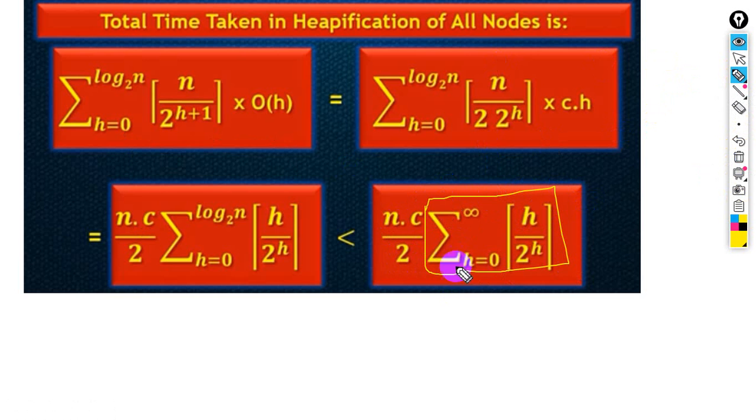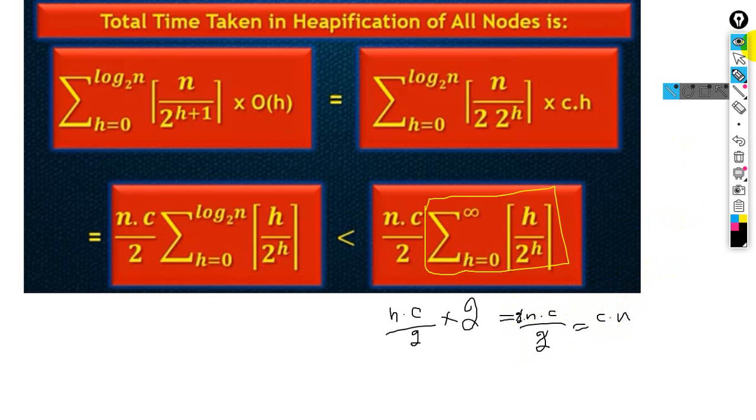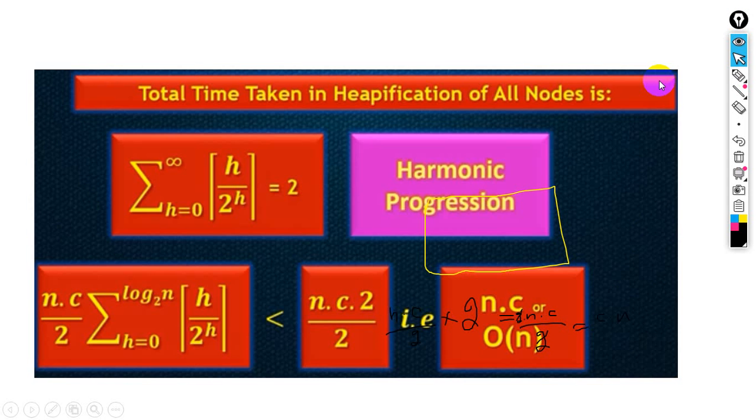The formula is n·c divided by 2, and this complete is equal to 2, so multiplied by 2, we can write 2·n·c divided by 2. The 2s cancel, so it will be equal to c·n, or n·c. Now let me check it on the next slide.